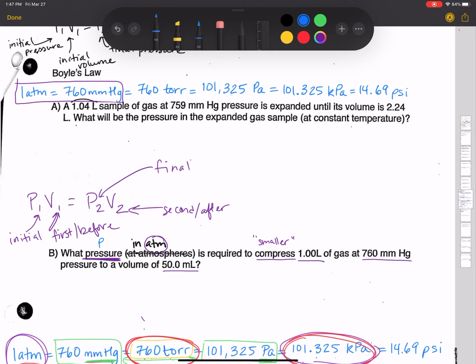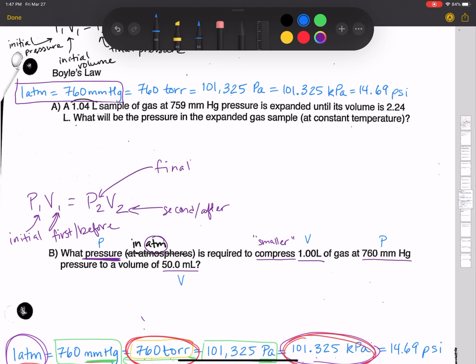So what pressure in ATM is required to compress 1.00 liters, that's a volume, of gas at 760 millimeters mercury pressure, that's pressure, to a volume of 50.0 milliliters. That's again a volume.